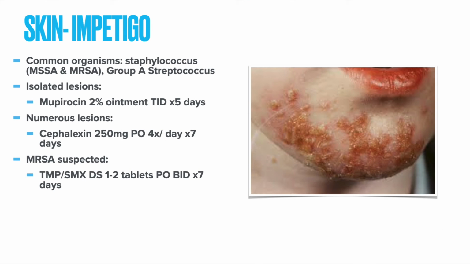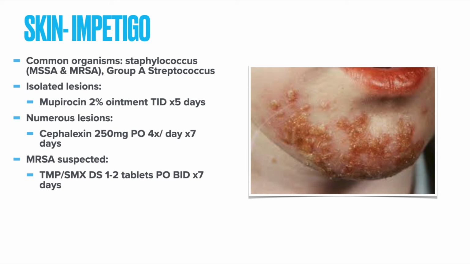Next up is impetigo. So this is a highly contagious skin infection that predominantly affects infants and children. Impetigo is spread by skin-to-skin contact, and it does require treatment with an antibiotic. Common organisms for this include Staphylococcus, including MRSA again, and then group A strep.